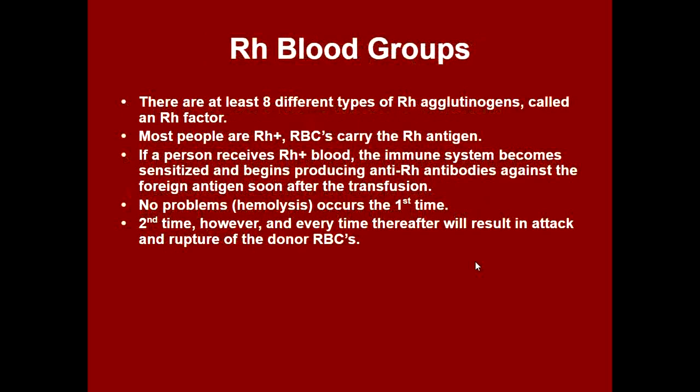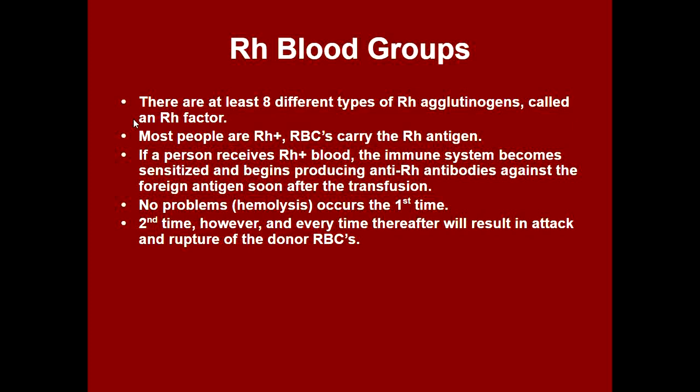Now, everyone always asks, well, hold on, I know I'm A, or I know I'm B, or I know I'm O, but I'm positive, I'm negative. What does that mean? Well, positive and negative comes from what's known as the RH factor, and that causes us to jump from 4 blood types to 8 blood types, because you can be A positive, A negative, B positive, B negative, AB positive, AB negative, O positive, O negative.